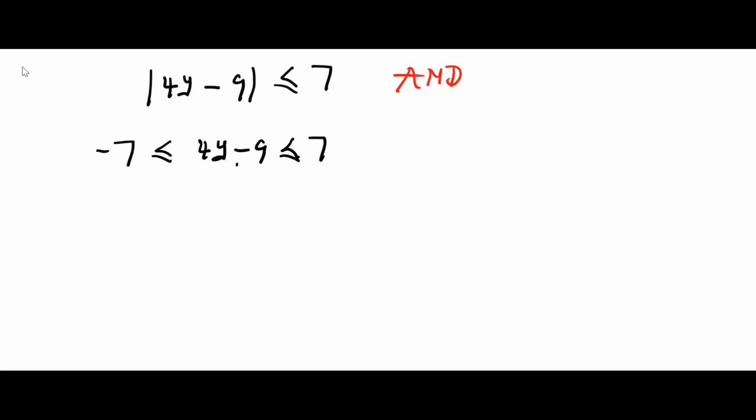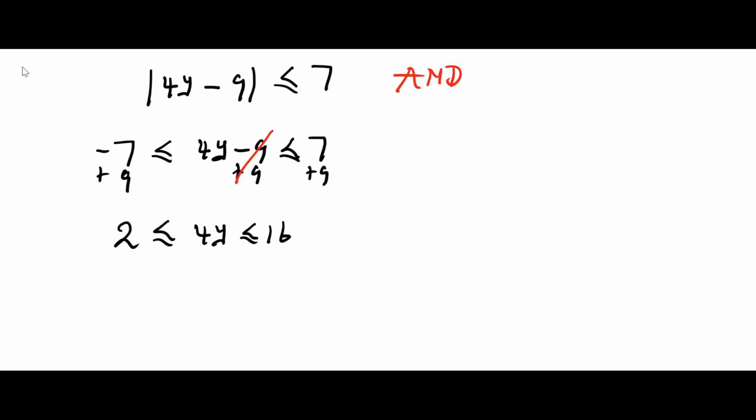So now we can add 9 to both sides, and negative 9 plus 9 will simply cancel, and negative 7 plus 9 is 2, so this will become 2 is less than or equals to 4y, and less than or equals to 7 plus 9 is 16.